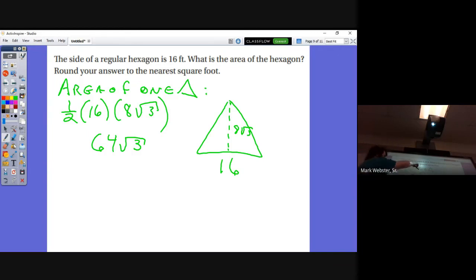And then there's a hexagon, so there's how many of them? 6, right? Yeah. So just take this, multiply it by 6. Whatever 64 times 6 is, 4 times 6 is 24. 6 times 6 is 36, plus 2 is 38.